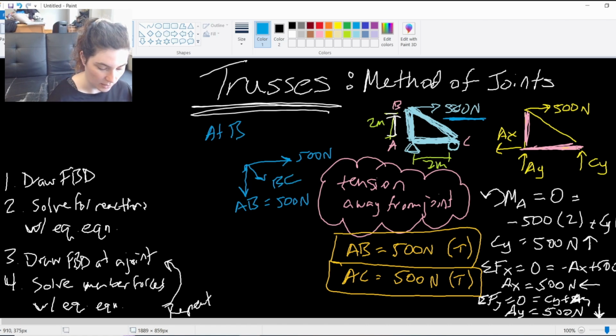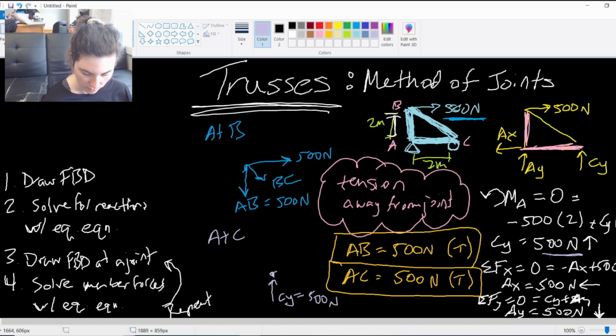So you can do this at point C or at point B. Either one is going to work out. If I did it at point C, I would get CY, which we calculated again is 500 newtons. We found that over here. CY is 500 newtons acting upwards.